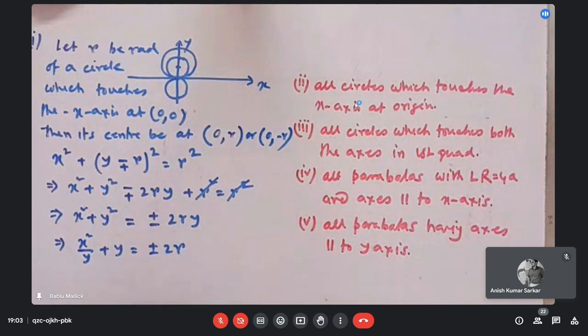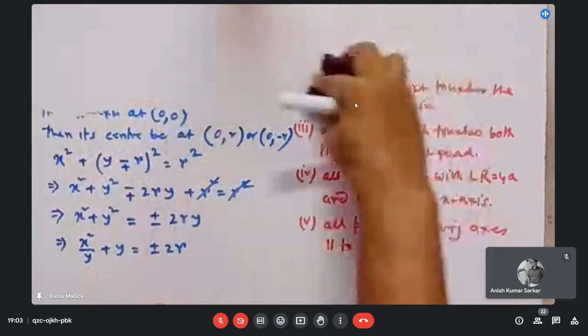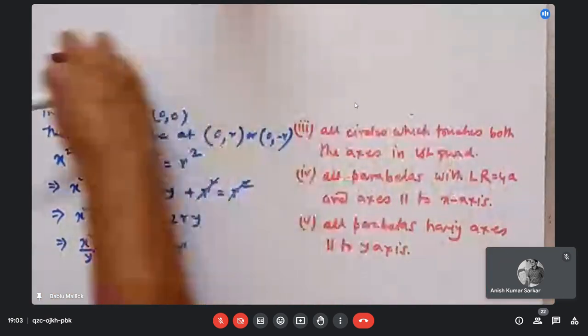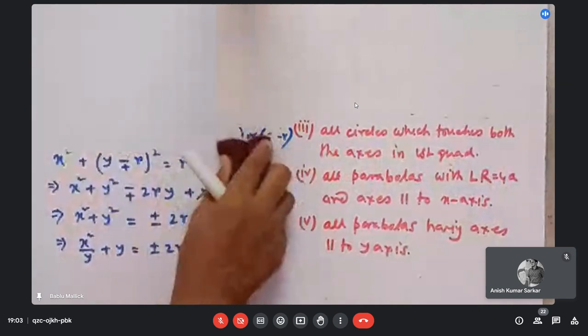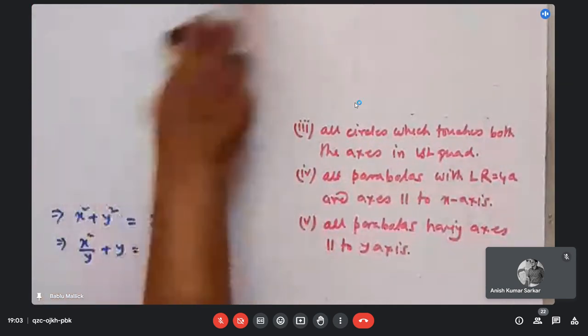Now I shall differentiate. Now differentiating with respect to x we get, what are we getting? If we differentiate, what are we getting?